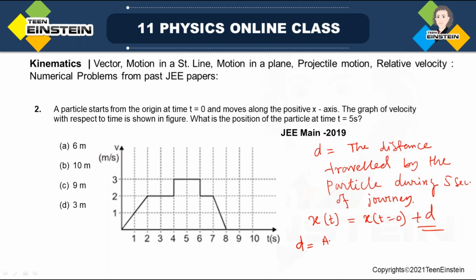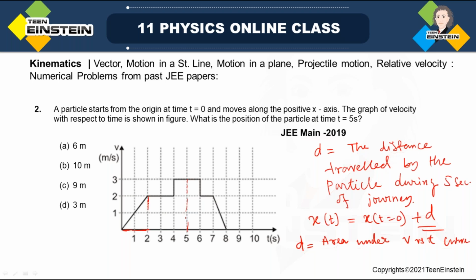area under the vt curve, area under the v versus t curve. So now look, we have to find out up to here, right? So what is the area? We can just think of a small portion like up to here.